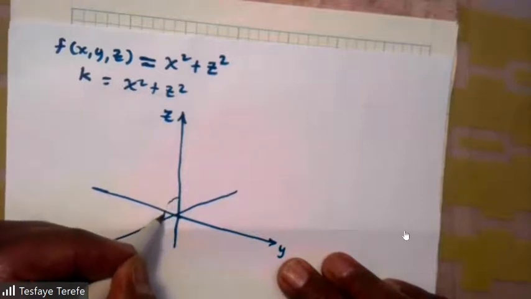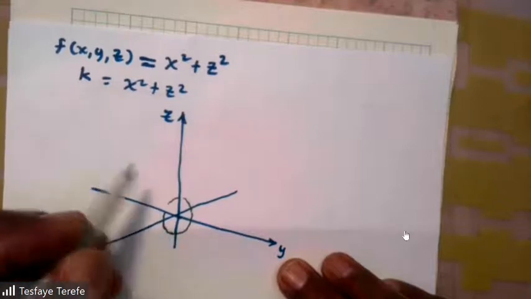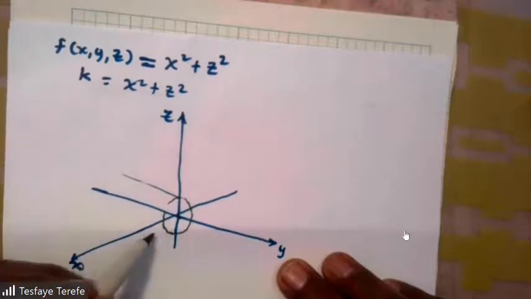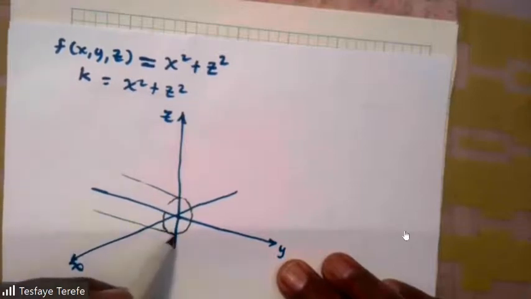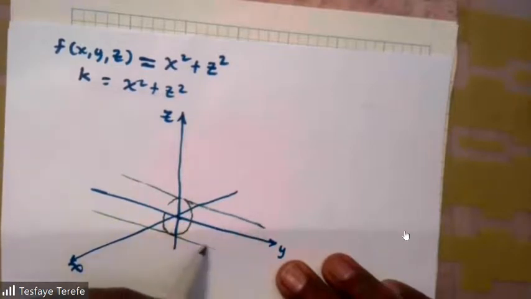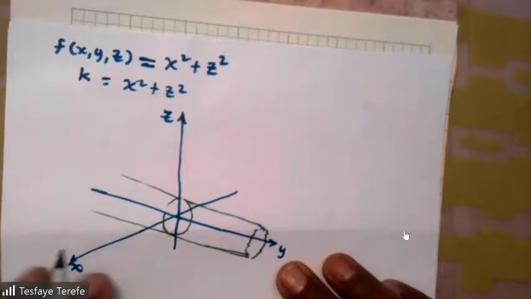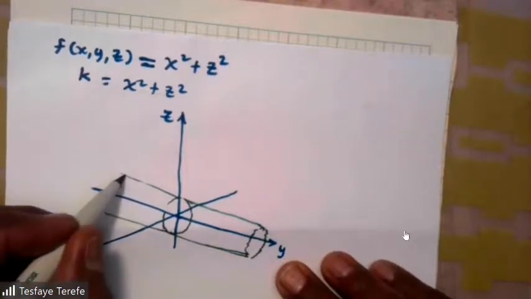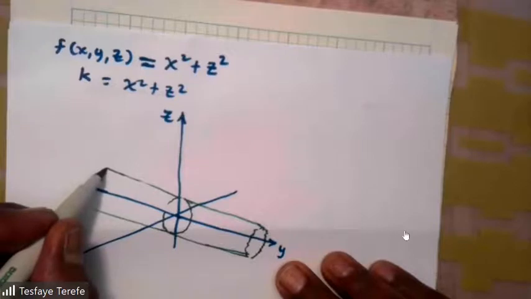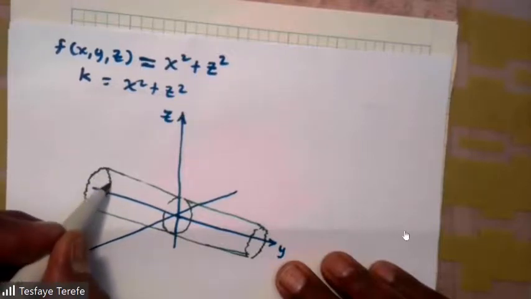So on the XZ plane, we have this. And then what will happen is the ruling is going to be extended, not only in that direction, in this direction as well. And this is really the cylinder. To indicate this cylinder is going forever, let me put scratchy ending to indicate that this is really going forever.